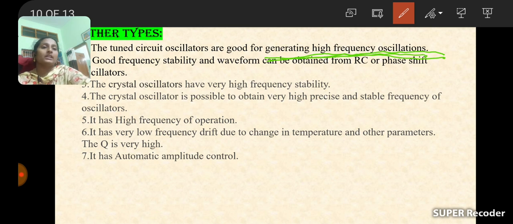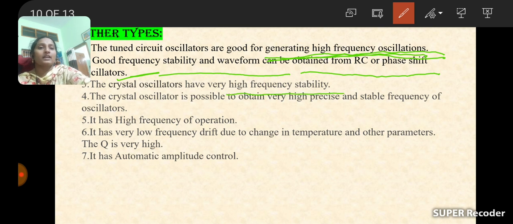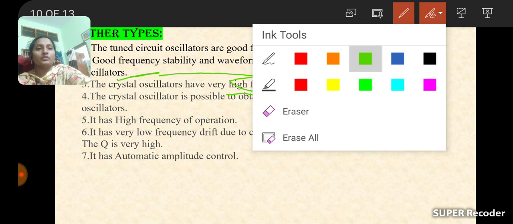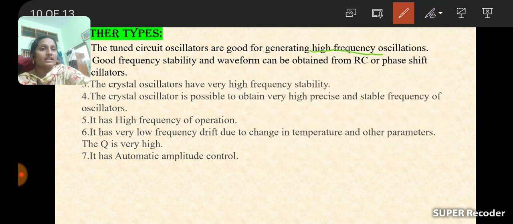It will generate high frequency oscillations and good frequency stability, and the waveform can be obtained from RC phase shift or phase shift oscillators. And the crystal oscillators have high frequency stability also. It will produce high frequency oscillations.